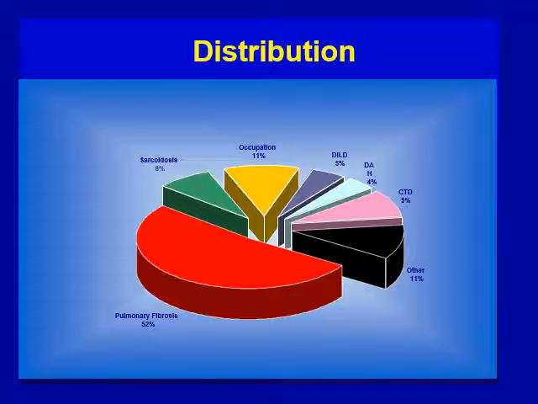Here is the incidence or distribution of interstitial lung disease. The commonest one is idiopathic pulmonary fibrosis. After that come the occupational diseases, the connective tissue diseases, and other causes like Langerhans cell histiocytosis.